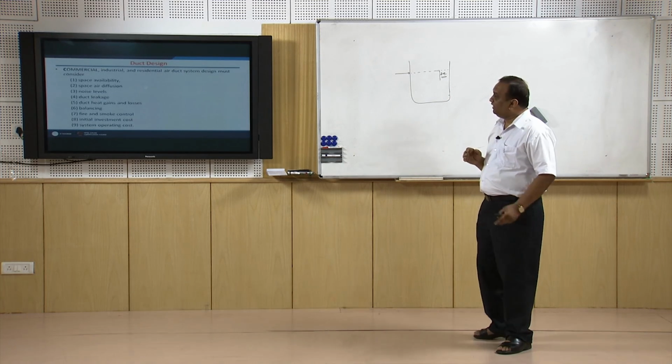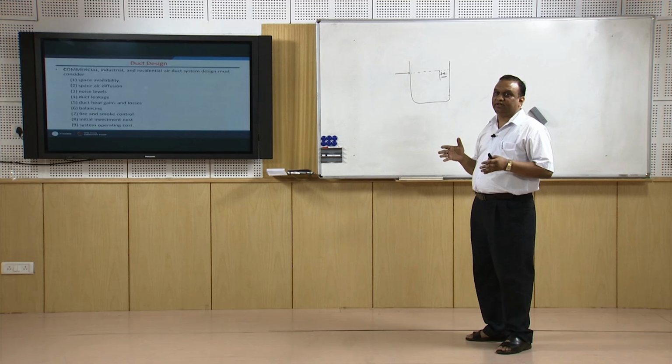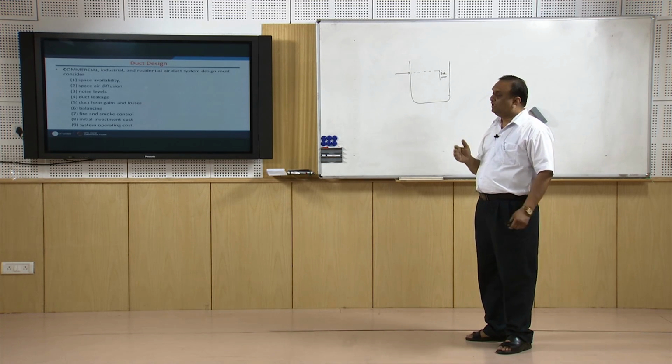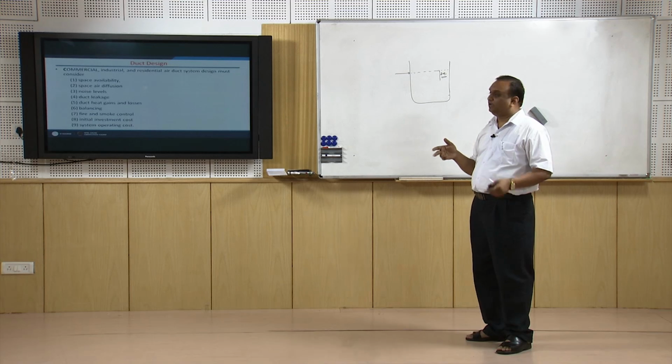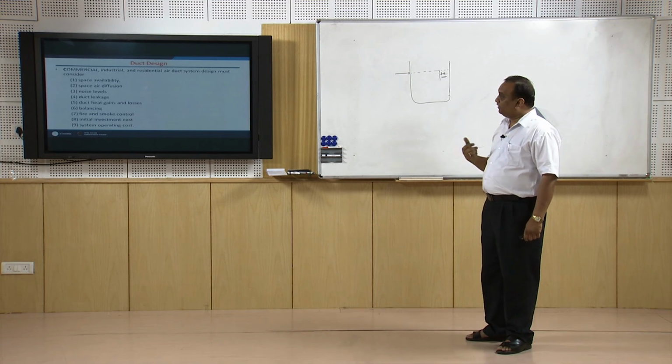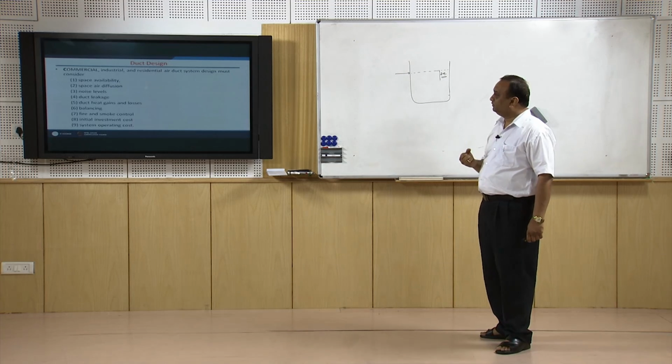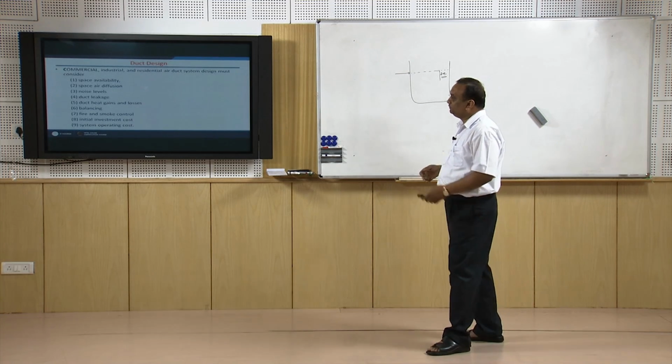On the other hand, if we maintain a very low velocity inside the duct, that is also not recommended. In that case, the size of the duct will increase, and for low velocity ducts, other problems like stale air shall also come into the picture.